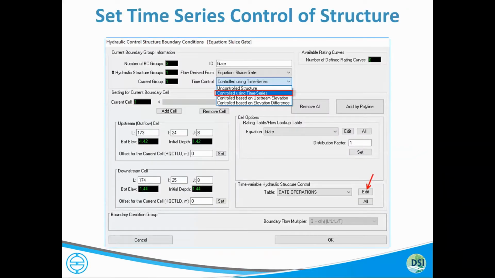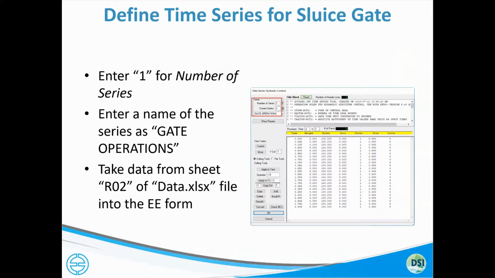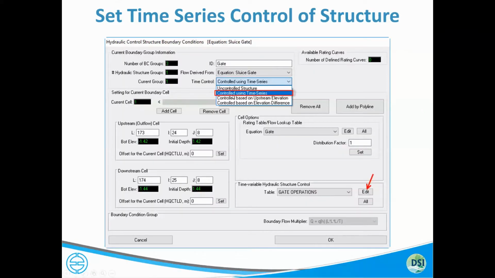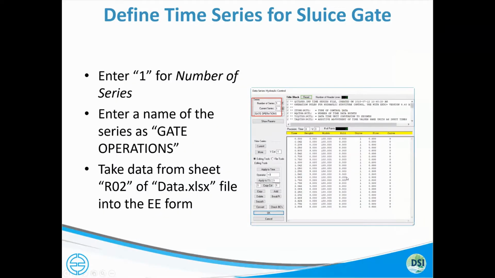We've already discussed how you get to this point, but once you've selected control by using a time series under time control, you have this time series option where you specify the time, the height, the width, sill elevation, units and status, and flow if you've got different pumping operations.